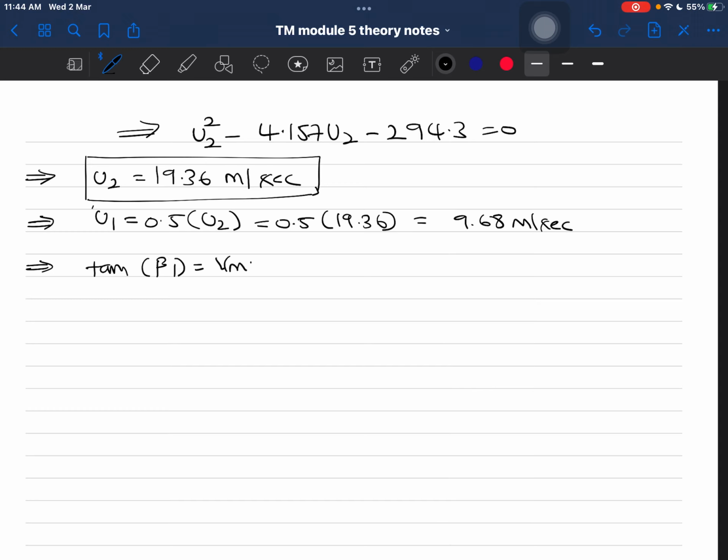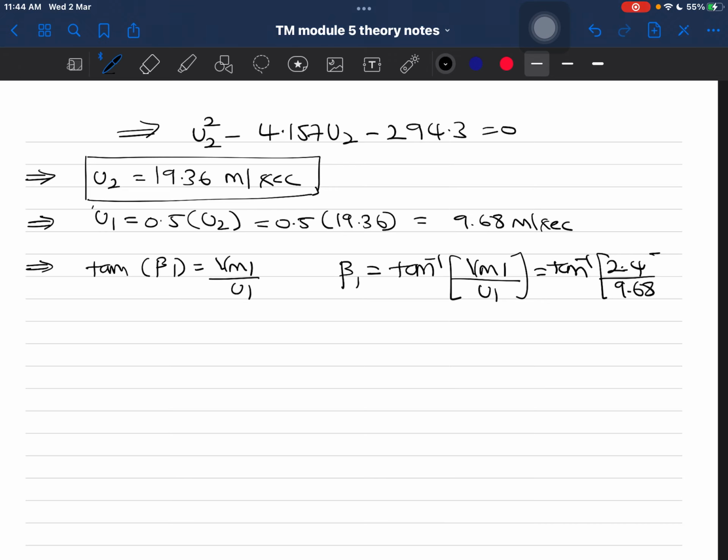So beta 1 is equal to tan inverse of Vm1 by U1. That is tan inverse of 2.4 divided by 9.68. So beta 1, when you calculate that, you will get around 13.9 degrees.